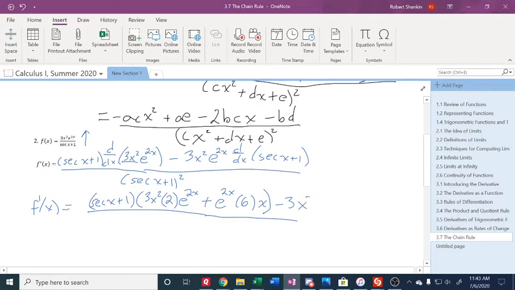Minus 3x squared e to the 2x. And then the derivative of the 1 just goes away. The derivative of secant is secant tangent. And if you don't have all the trig functions' derivatives memorized, you're going to need to do so really quickly.